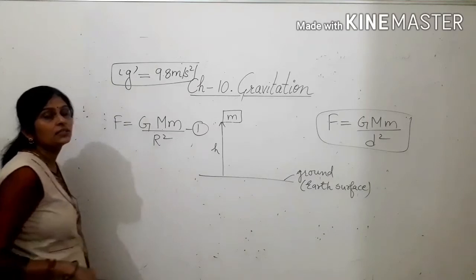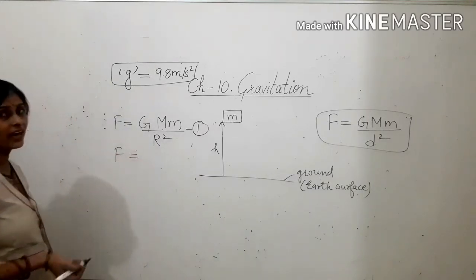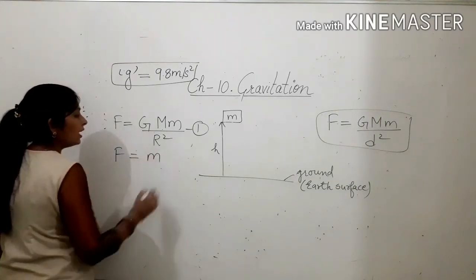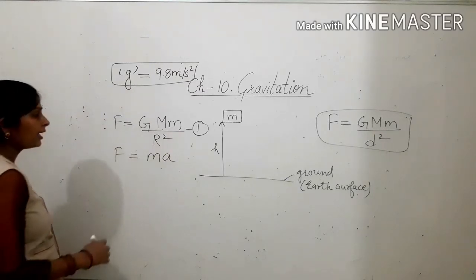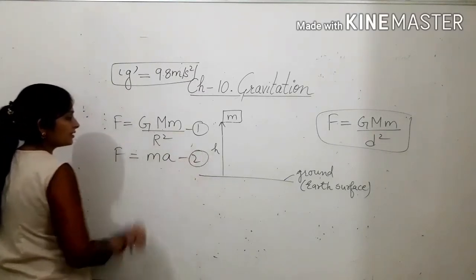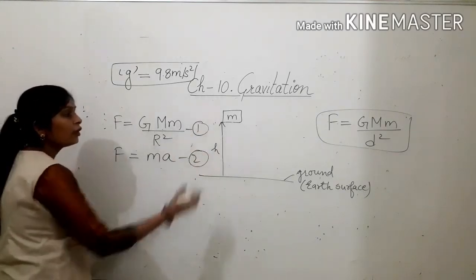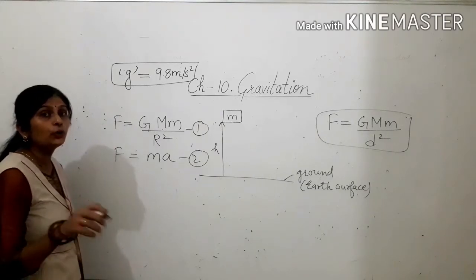Now gravitational force is a kind of force, and we know that the formula of force is F is equal to ma. This is second step. Now here the freely falling object undergoes an acceleration due to gravity.